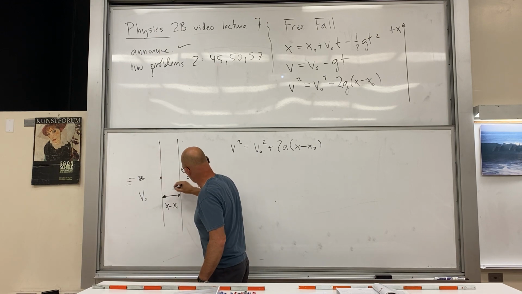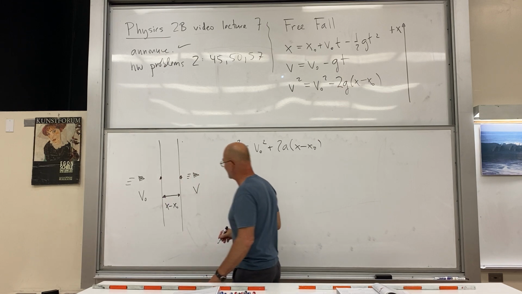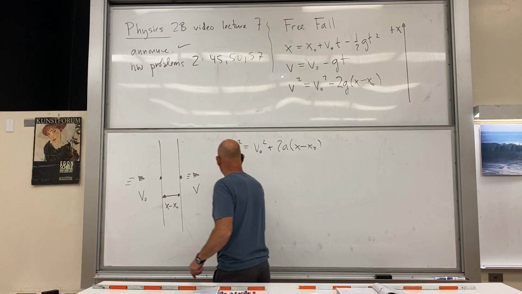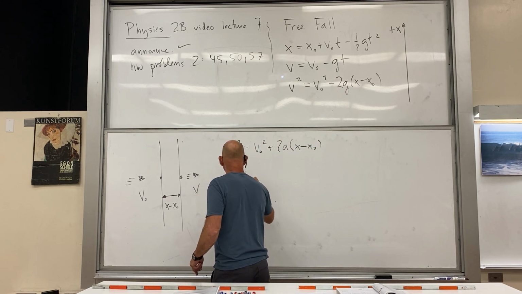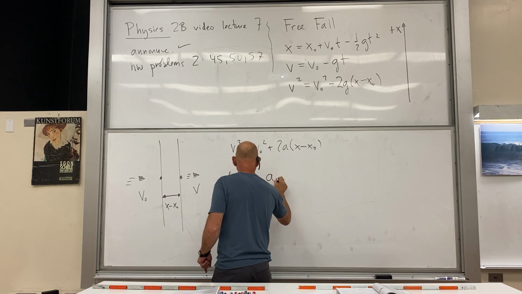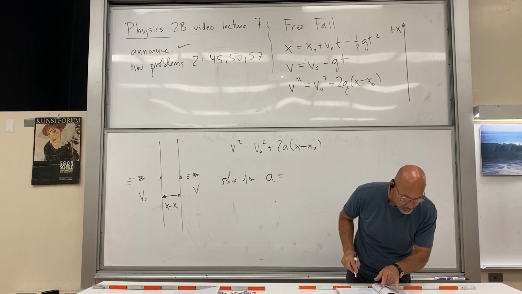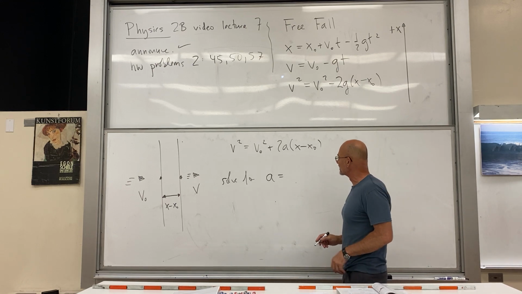When we strike it here, we emerge on that side. So we want the acceleration. Make sure that's what we want here. Find the acceleration and the total time that the bullet's in contact.